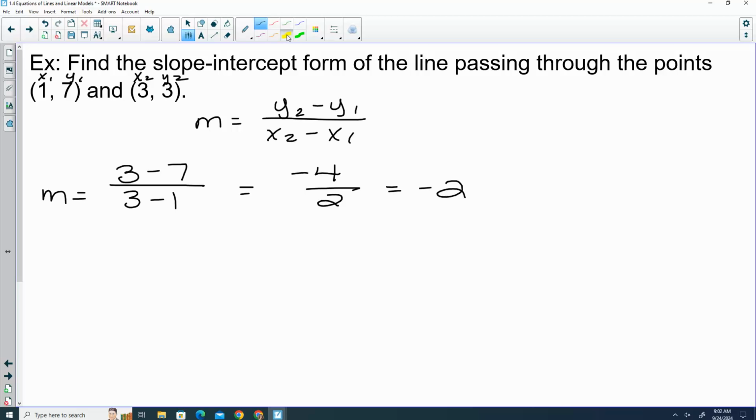So let's say I decided I was going to use the first one. So our formula, y minus y1, which was 7, equals m times x minus x1, which was our 1.